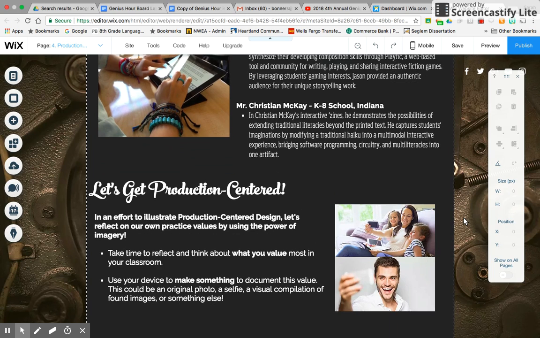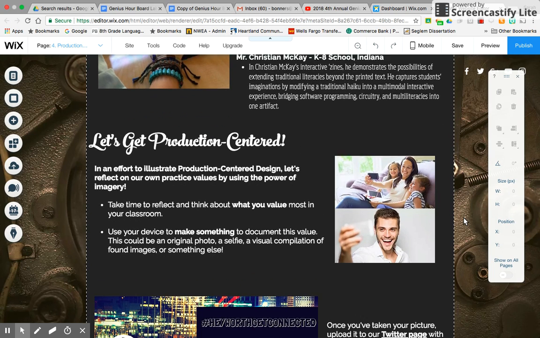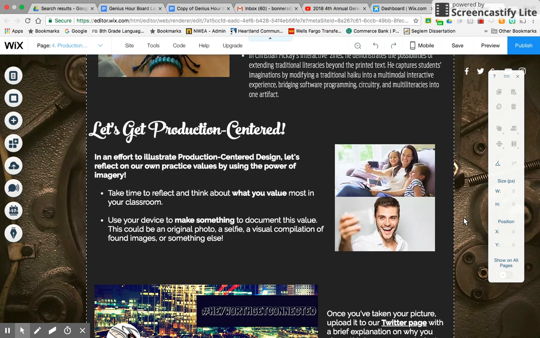In our actual session, we had an opportunity for you to produce some sort of visual, and we gave very vague guidelines on that concept of something that is valued in your classroom or in your teaching environment. Some of you created graphics, some of you took pictures, some of you took video, and some created Wordles and different types of organizer presentations.